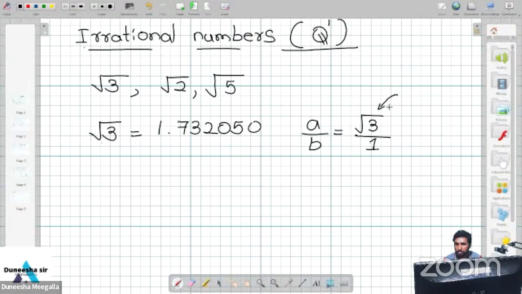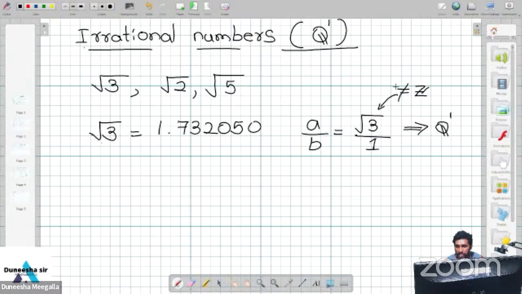What does integer mean? Integers are positive or negative counting numbers. It's not an integer. So it's not a rational. Okay, it's not a rational. So it's an irrational number.